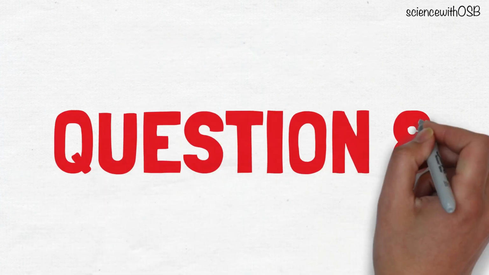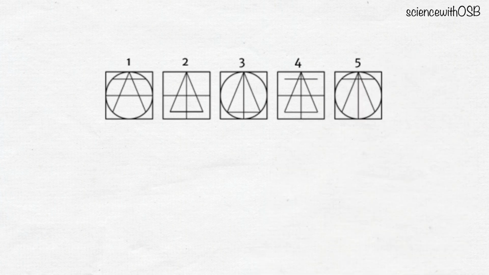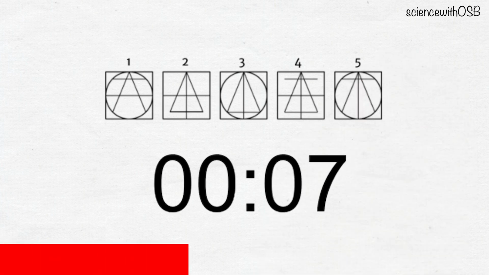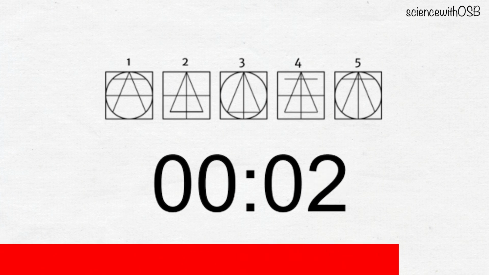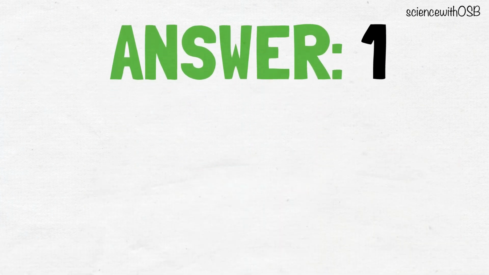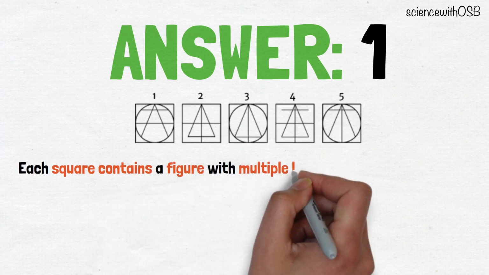Question number 8. Choose the odd one out. The correct answer is 1. Each square contains a figure with multiple lines which divides it.